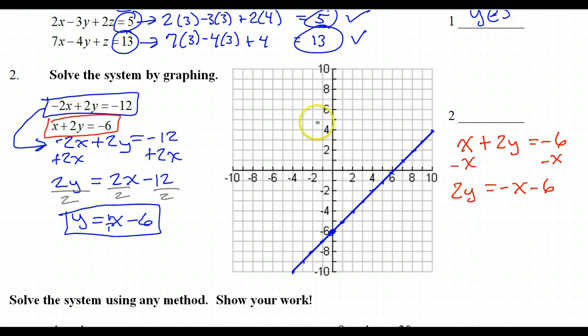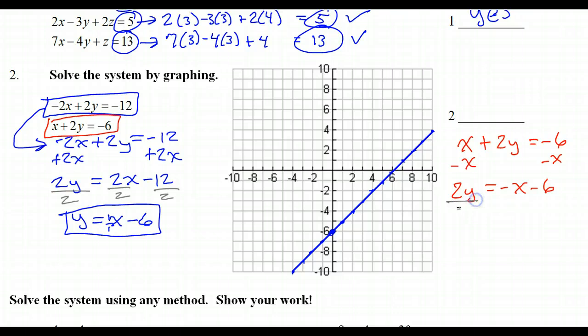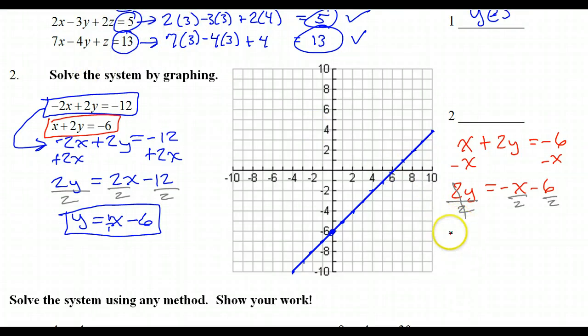If I divide both sides by 2, alright, I get y is equal to, now this is like a little invisible 1 right here, so it's negative 1/2 x minus 3.